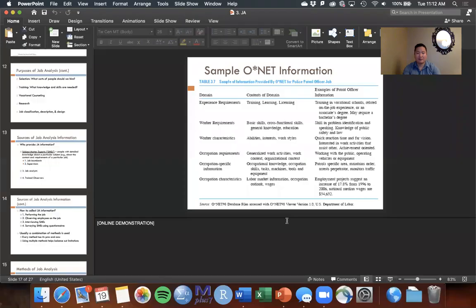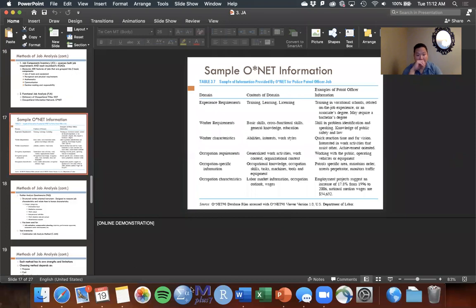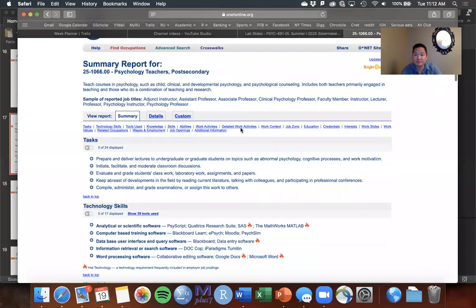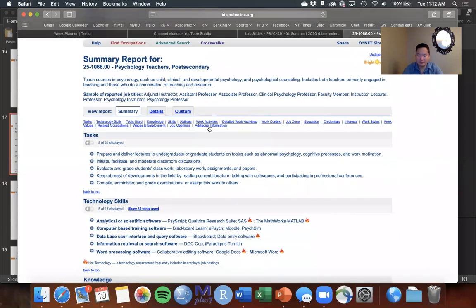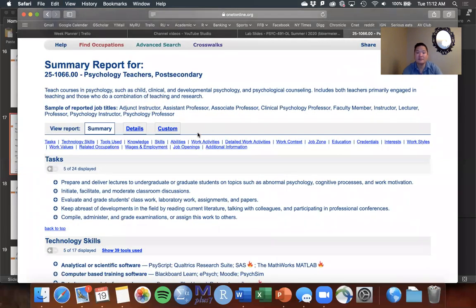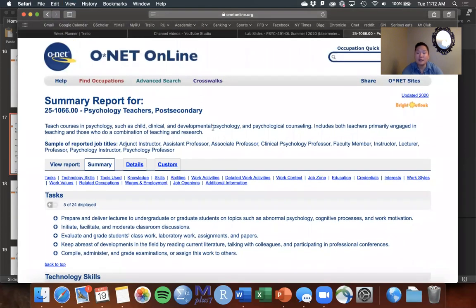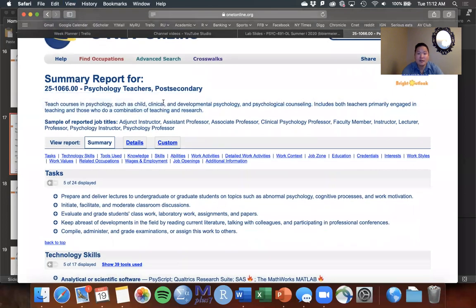So I'm going to jump out of PowerPoint briefly and go over to my browser. Let's see here, can I zoom in? I can zoom in. I pulled up an O*NET entry for basically a psychology professor. And what it gives is a brief description, teach courses in psychology, and so on.